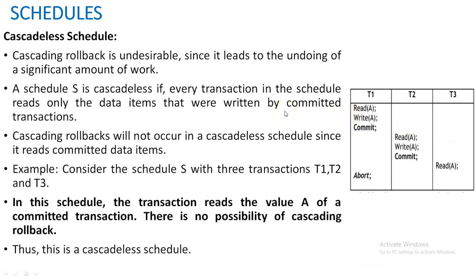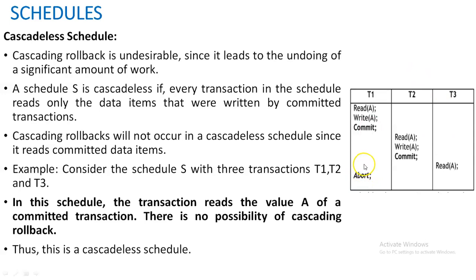Then cascadeless schedule. Here, T1 does an operation and commits the operation. Depending upon T1, T2 does an operation and then commits the operation. After committing, depending upon T2, T3 has started an operation. Now suppose, for example, an abort operation is going to happen. Once you have committed the operation, there is no way to go back or abort it. For example, in this table, T1 is aborting the operation.